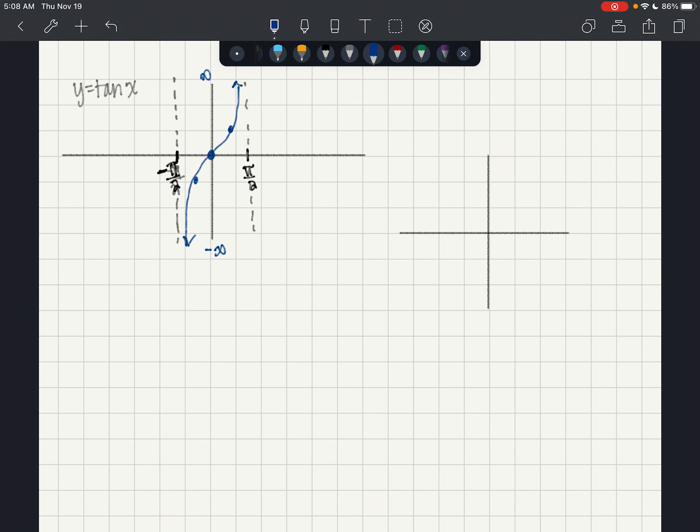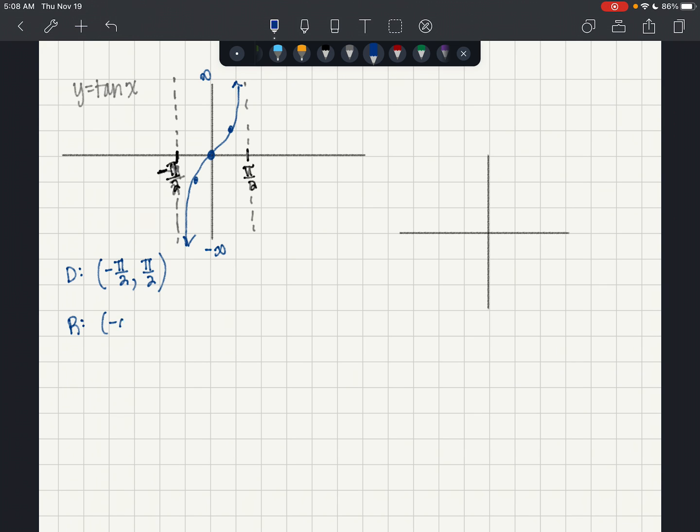So the domain for our tangent function is negative pi over 2 with parentheses to pi over 2, because negative pi over 2 and pi over 2 are not included. Those are asymptotes. That's where your tangent function is undefined.